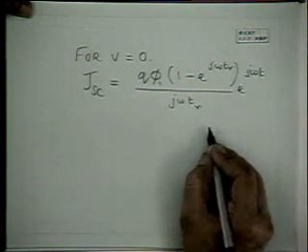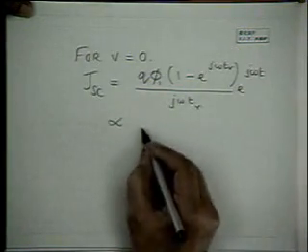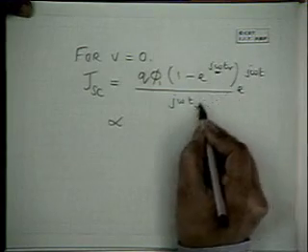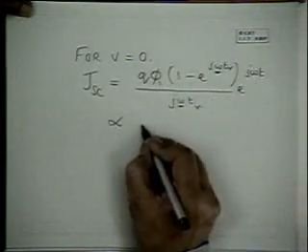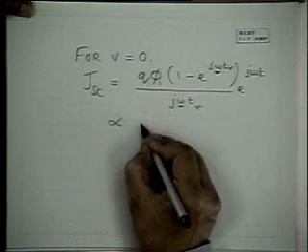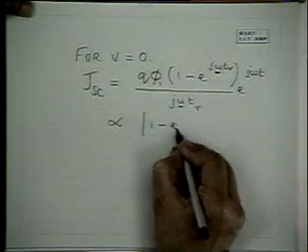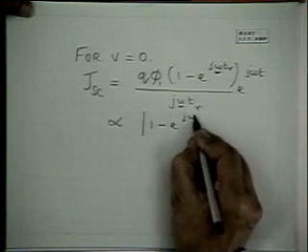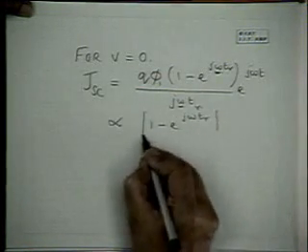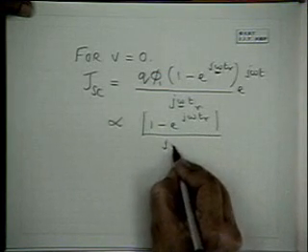So you see that this short circuit current, as a function of omega, all the other terms being constant, depends upon the magnitude of this term over j omega tr.